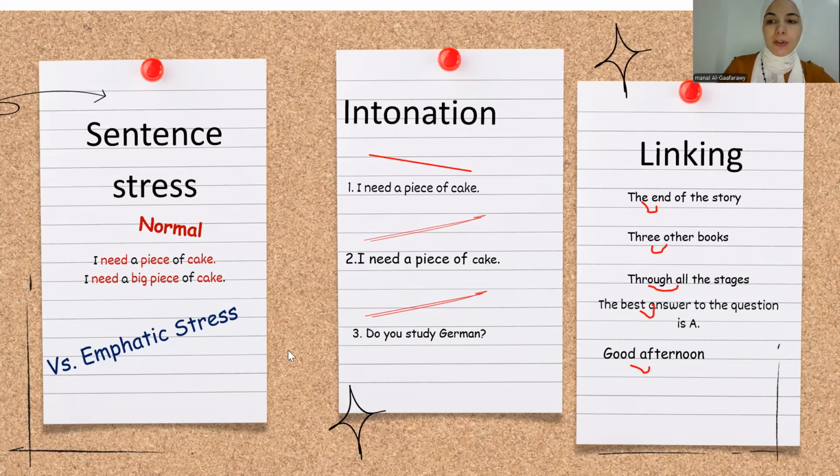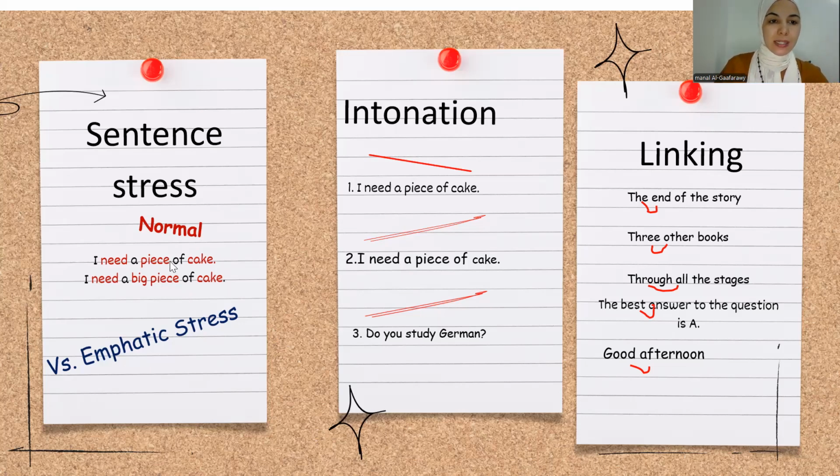Okay. However, in everyday speech, if we speak in conversations, we usually use emphatic stress. And this means that any word in the sentence can be stressed, spoken louder and longer, depending on the meaning the speaker wants to convey.